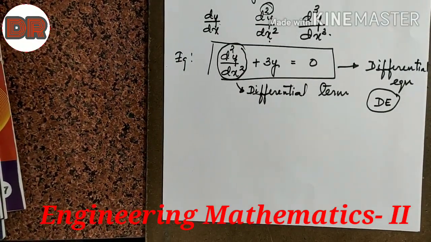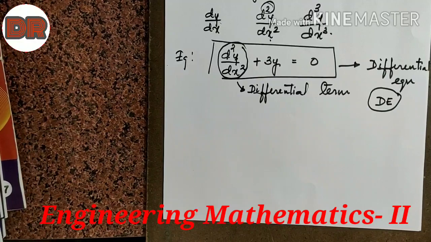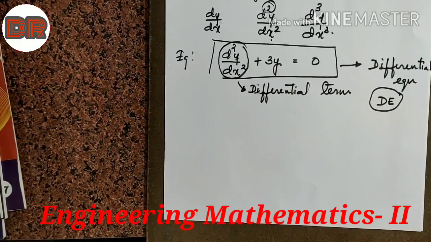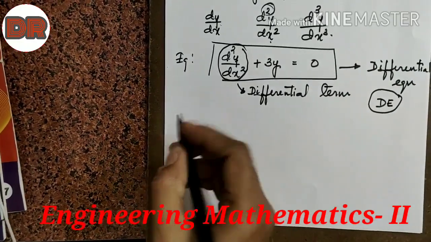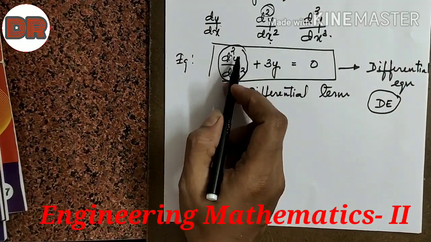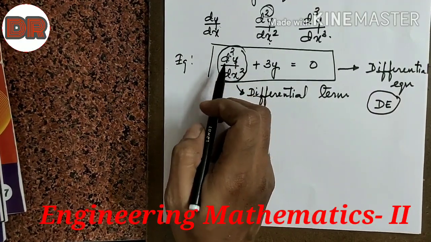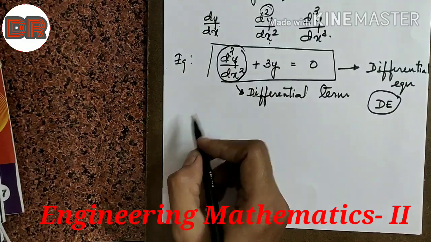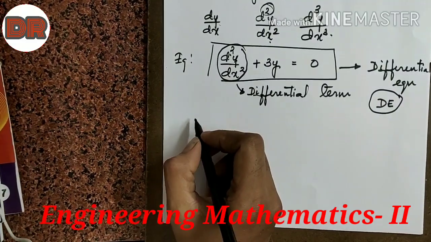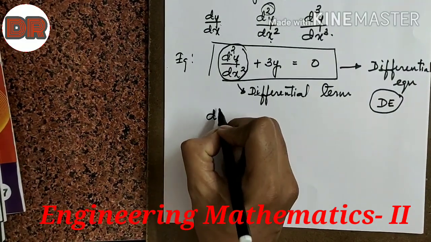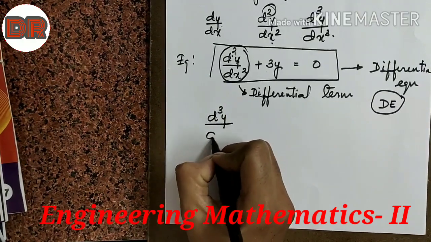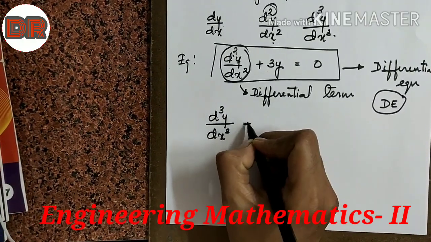So let us see now. We can give any examples for this. So if I write, say, higher order, this is order 2. I'll tell you later what is order and what is degree. And now if I want to write a third order differential equation, this is how we write a third order differential equation.